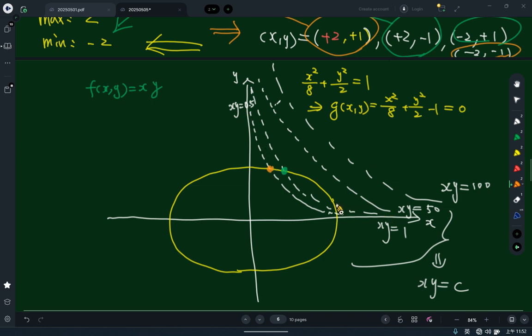So as SY is getting larger, eventually the maximum value will just happen here. Eventually, only at this point they share the same tangent line. They can have an extreme value.